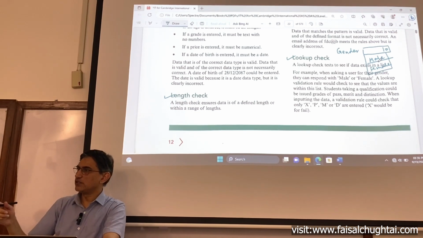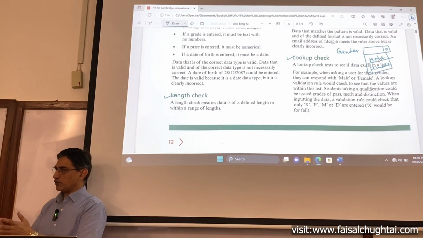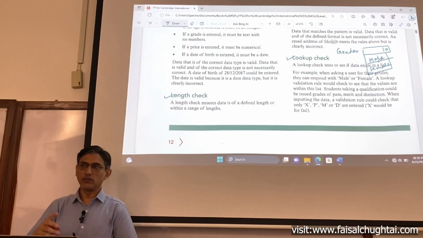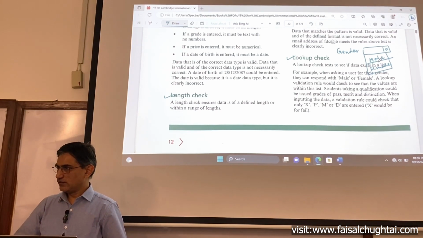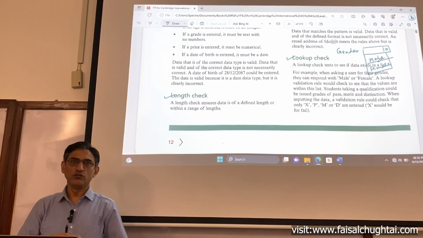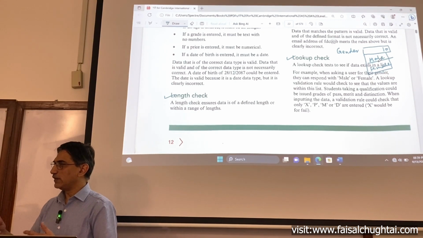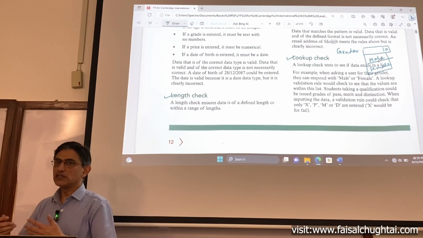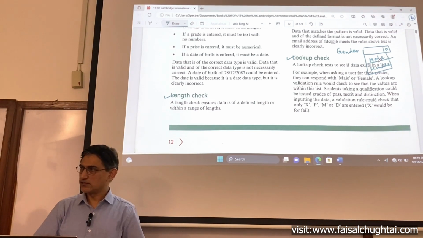Remember, I was telling you yesterday why data validation is important, and in that context, we were talking about the fact that wherever it is possible to allow the user to give inputs in the form of selections, it should be encouraged, because we should discourage typing in certain situations.